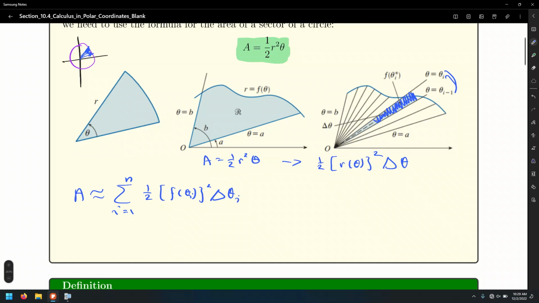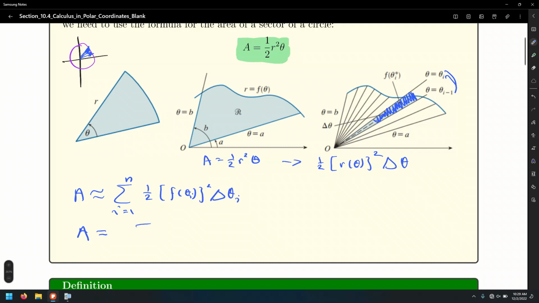That's some width of, well, not a rectangle, but rather the difference. This width is given by the difference between the angles, right? But this is only an approximation. You want to turn it into area equals, which is ultimately what we want. So there's a big difference between approximately and equal.